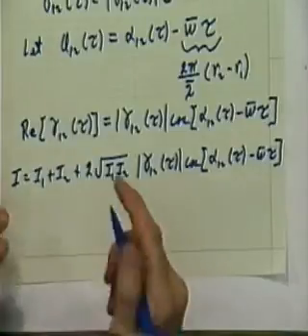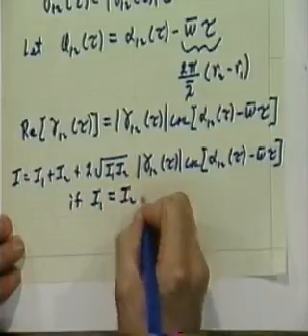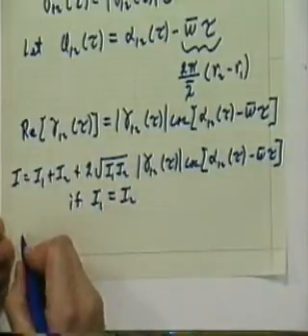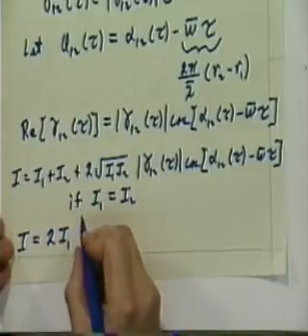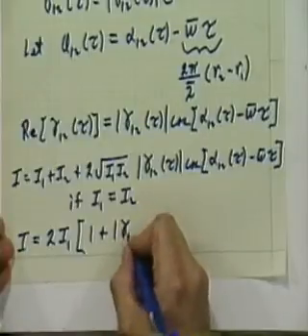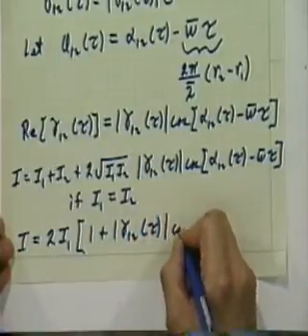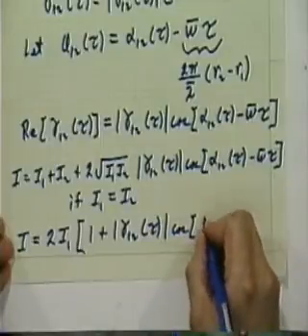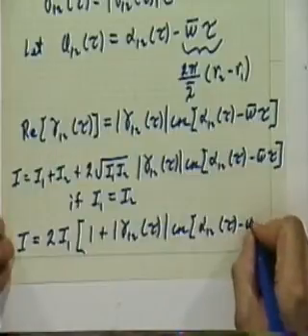And I'll simplify this slightly by saying I1 is equal to I2. And so we end up with the irradiance being 2I1 times 1 plus the magnitude gamma 1/2 of tau times the cosine of alpha 1/2 of tau minus omega bar times tau.